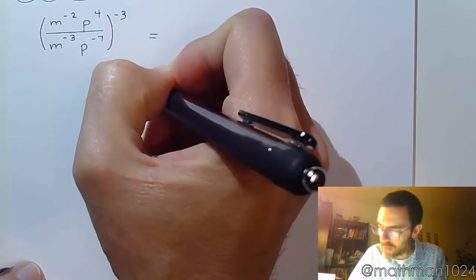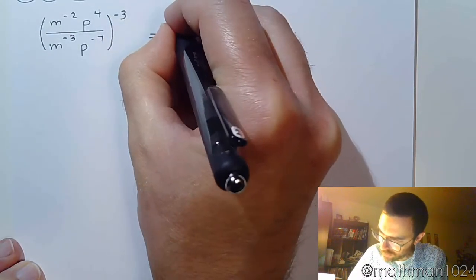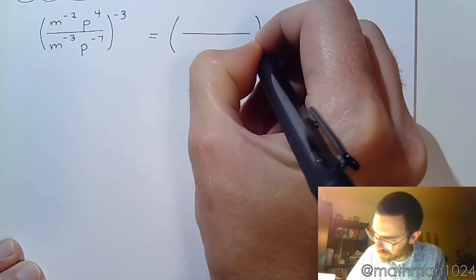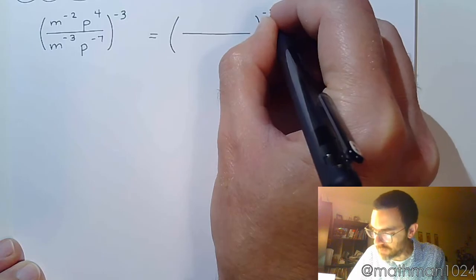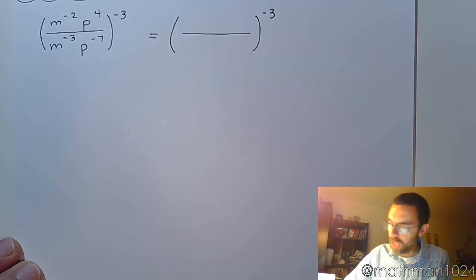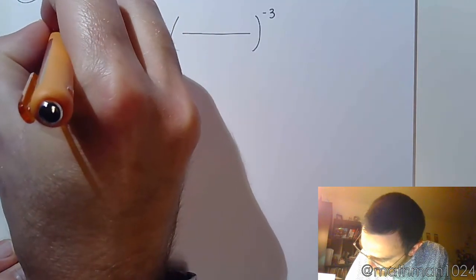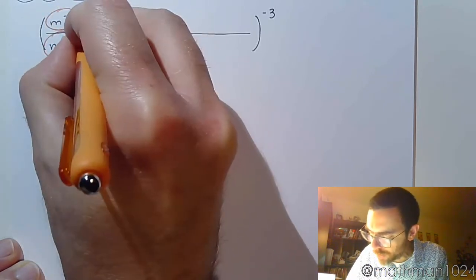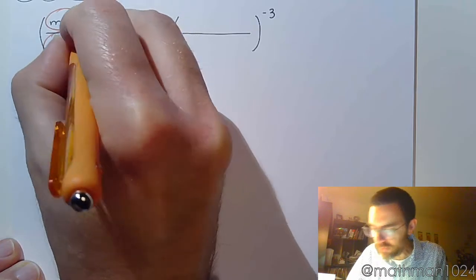So what that means is that we're still going to have this raised to the negative 3rd power. And I'm going to take all of these guys that have negative powers, and I'm going to write them on the other side of the fraction.